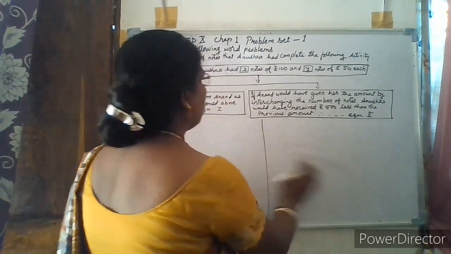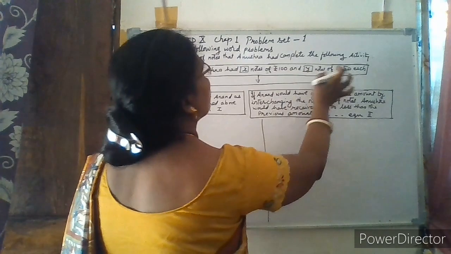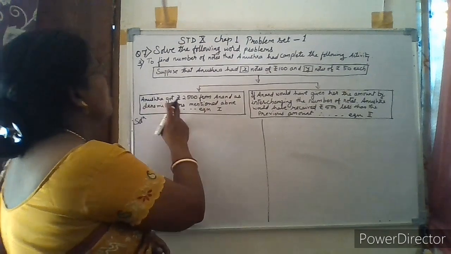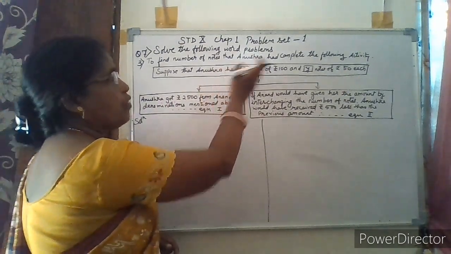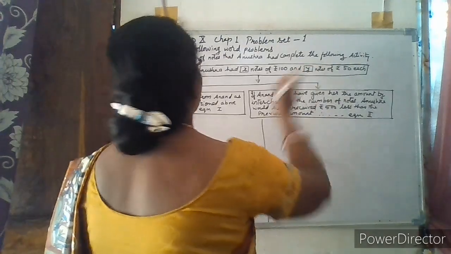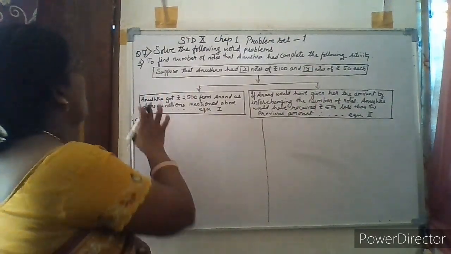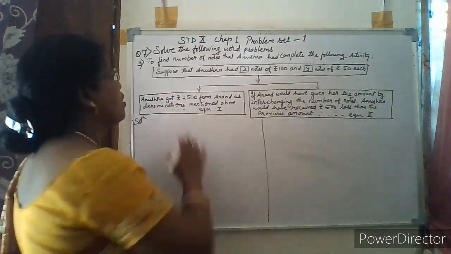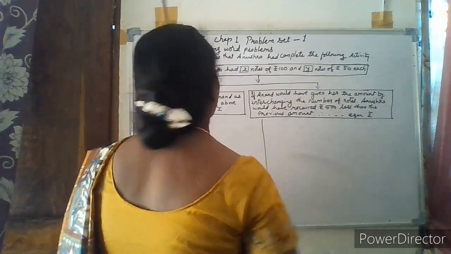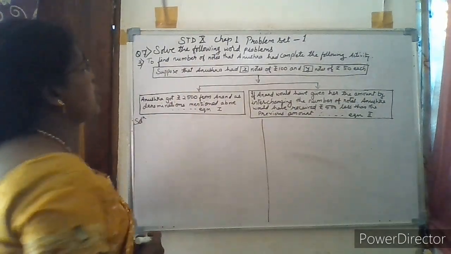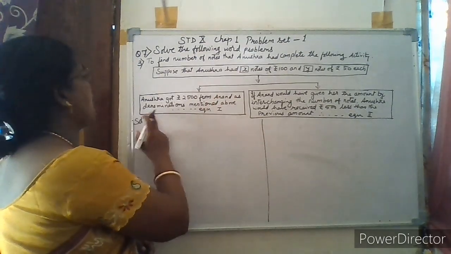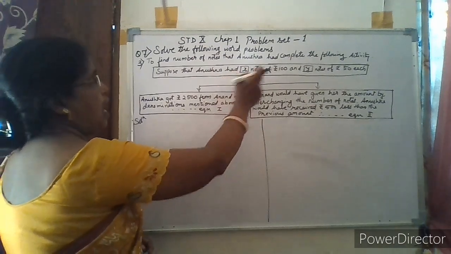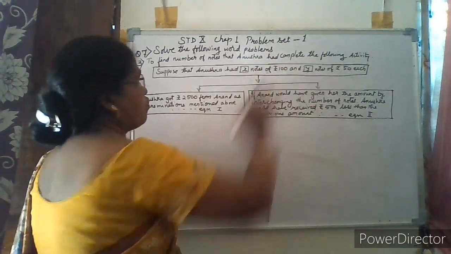So X notes of 100 rupees and Y notes of 50 rupees each, Anushka was given. Now, how many notes of 100 rupees and how many notes of 50 rupees were given to her, we don't know. But Anushka got, by condition 1, 2500 from Anand as denominations mentioned above, that is X notes of 100 rupees and Y notes of 50 rupees.